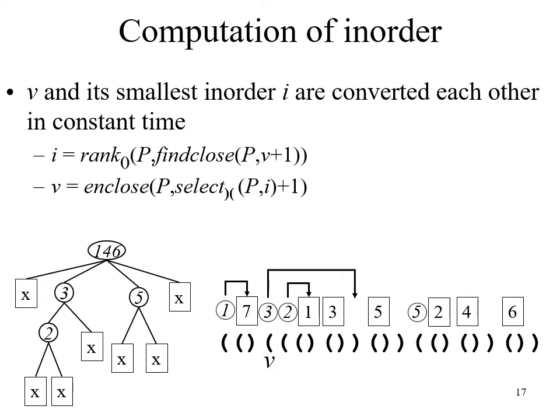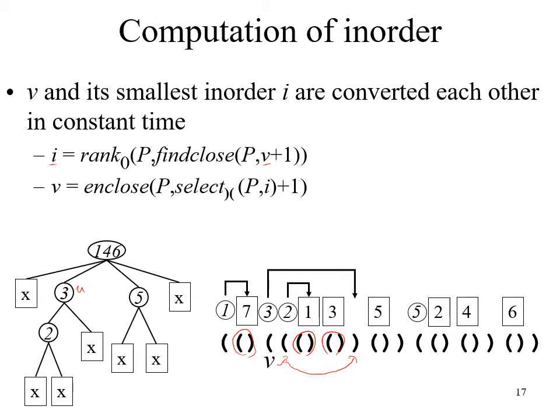So given the position V, its smallest in-order I is computed by this formula. So, if V is here, we go to the next position V plus 1, then find the close, then count the number of leaves.